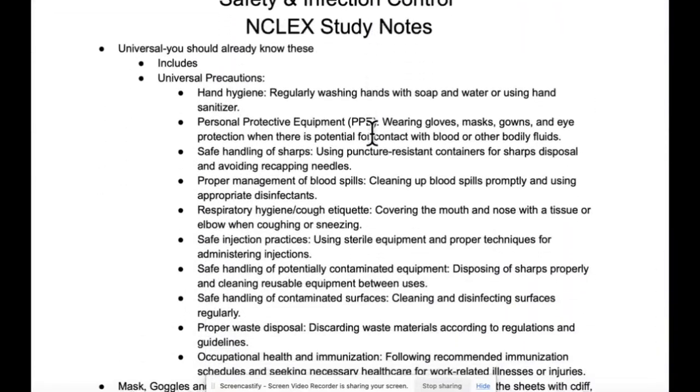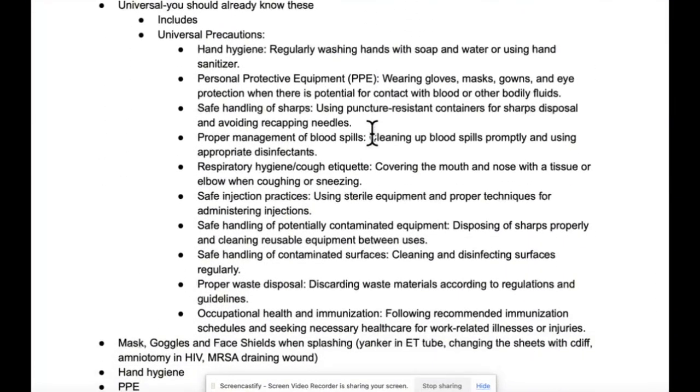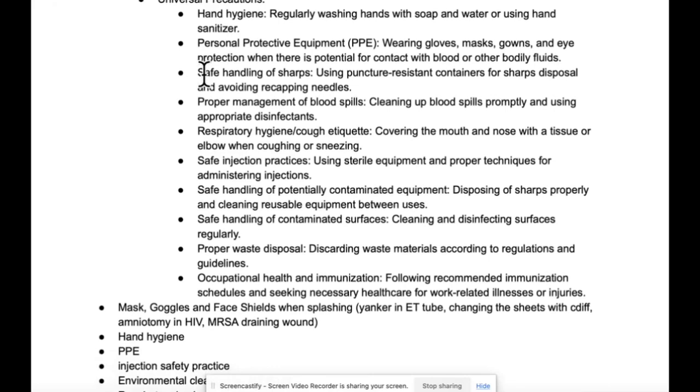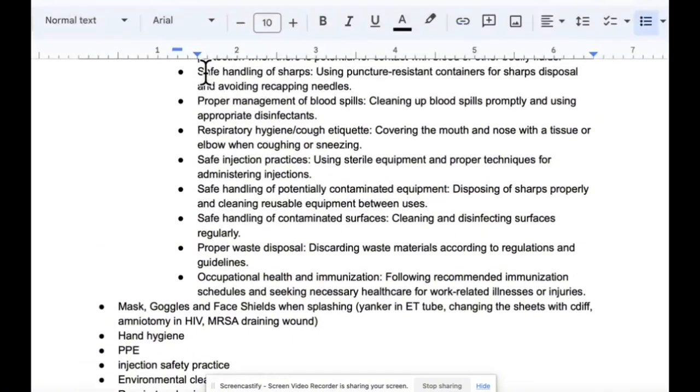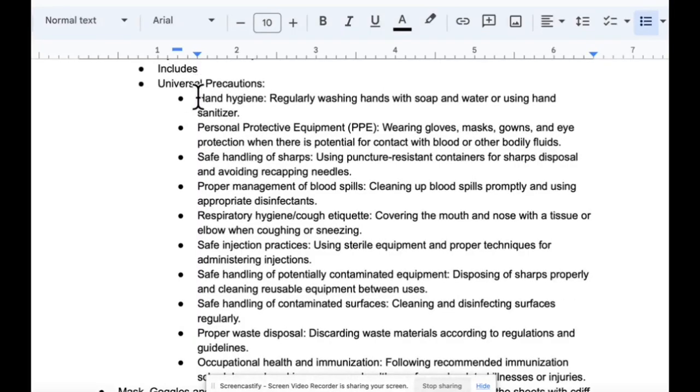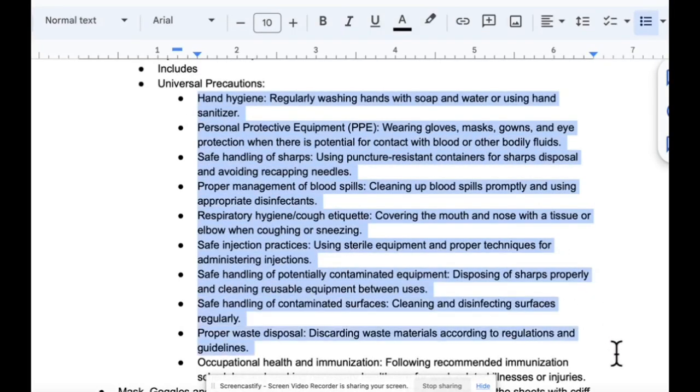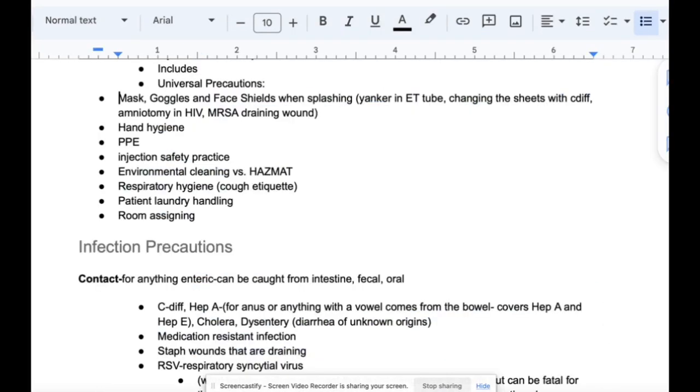So that I would call standard precautions, whereas universal precautions, right, are going to include... Oh, I got my copy incorrect here. But universal precautions generally are those precautions that we're thinking about when working with clients who are undergoing surgery, right, and require sterile technique.